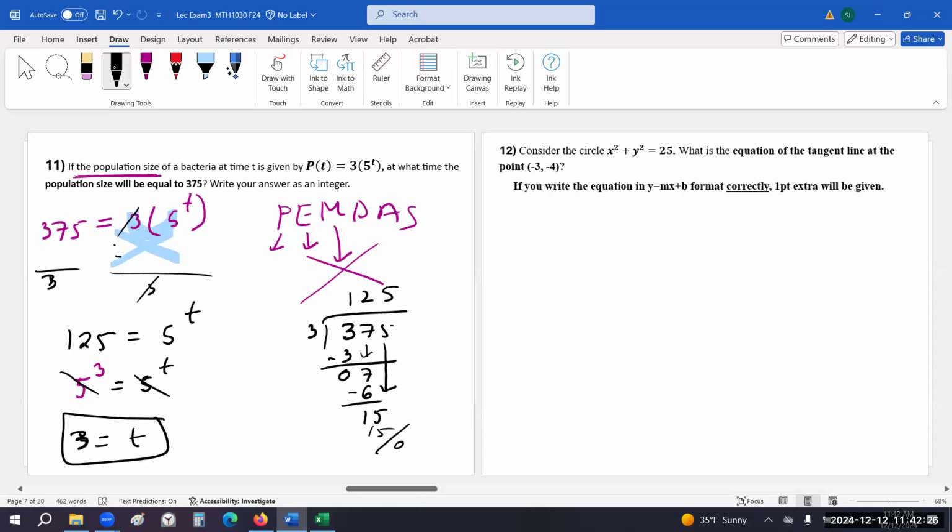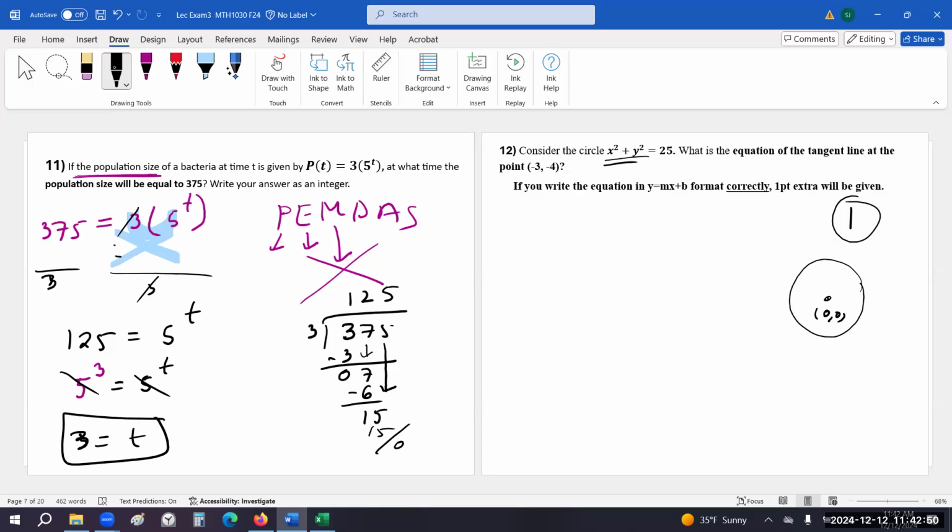The next one, find the tangent line, okay? You'll see this again in the final exam. They put it most of the time, either this question or the circle center question. So the idea here is that we have a center 0, 0. That's the center of this circle.